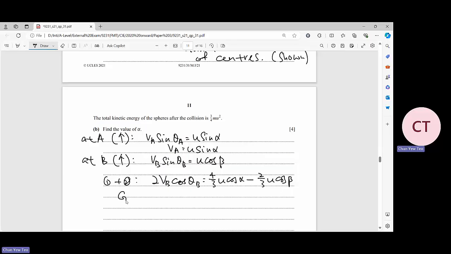Given cos alpha is 2 cos beta, stated in the question, your 2VB cos theta B is equal to 8/3U cos beta minus 2/3U cos beta.